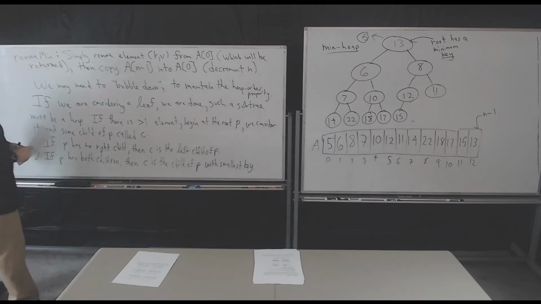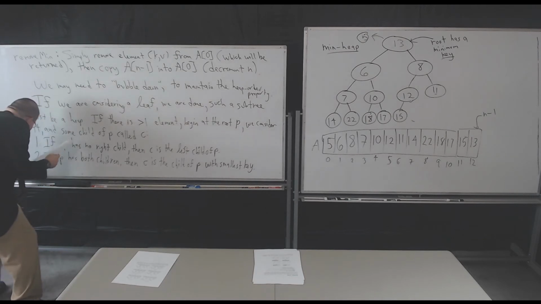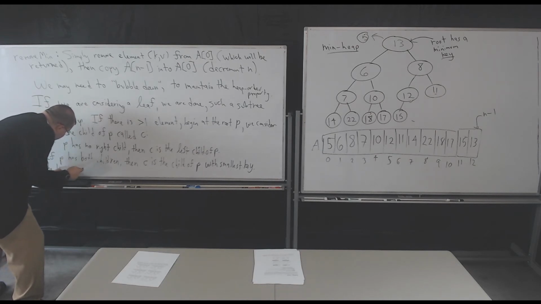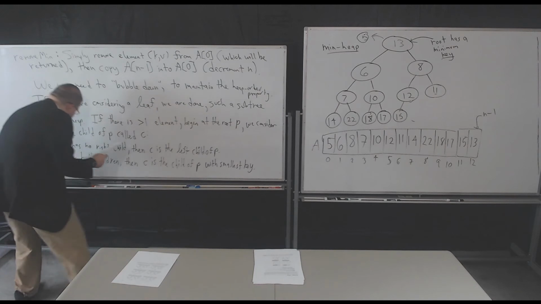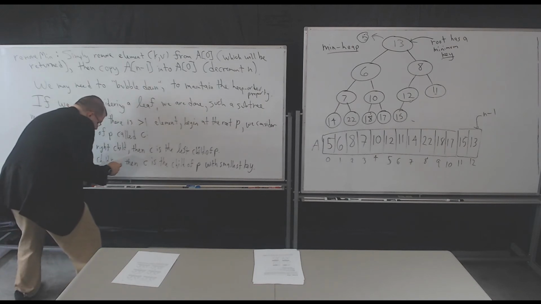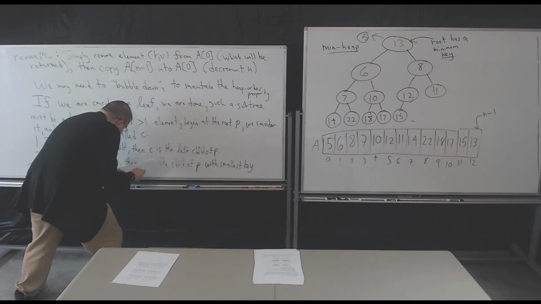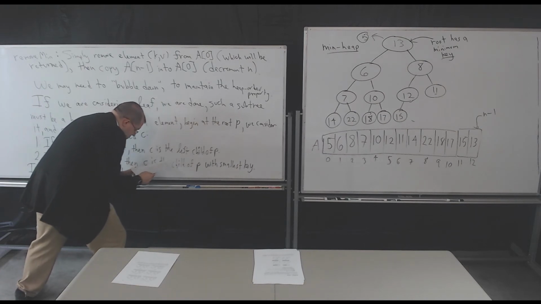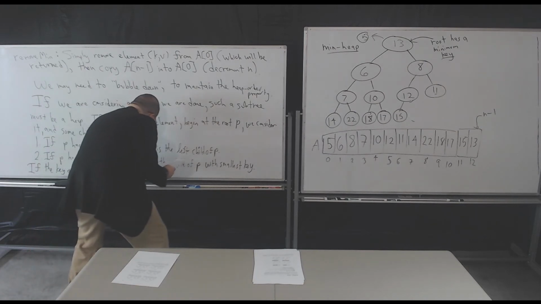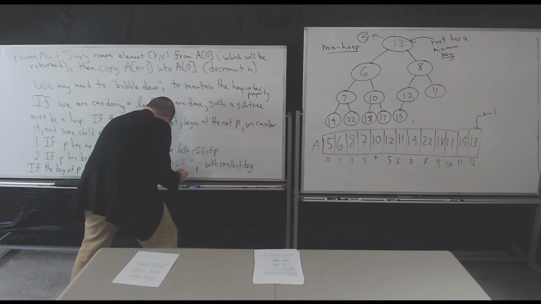So I'm going to consider these two possibilities. Then what we're going to do is, if the key of P is at most the key of C, then we are done, right?